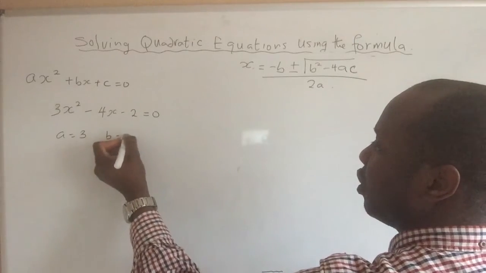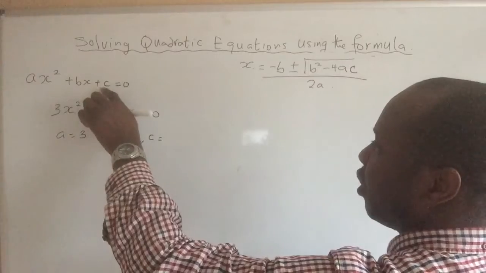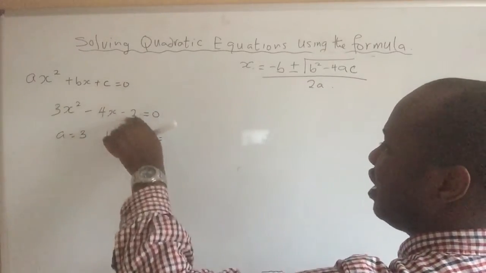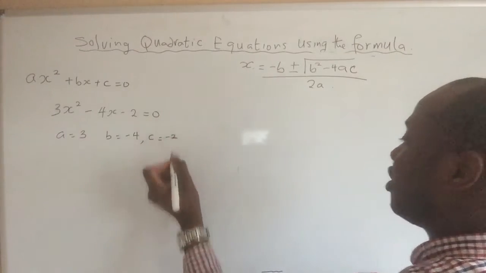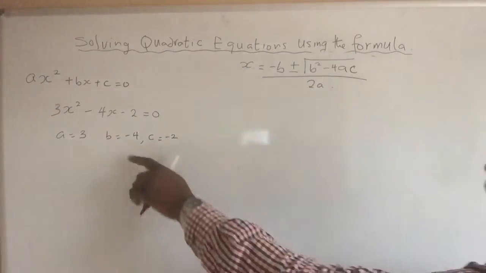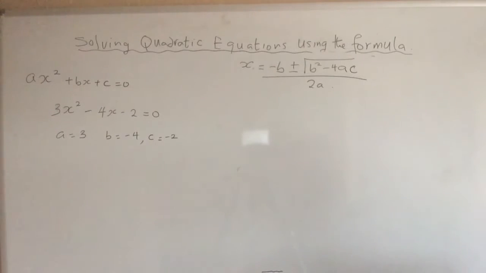B equal to minus 4. And also, this is plus C, but I have a minus 2 here. That tells me that the value of C is minus 2. Once I've written this out, my job is half done. I'm just going to replace all of this with that formula. But when I am replacing it, I've got to be very careful.